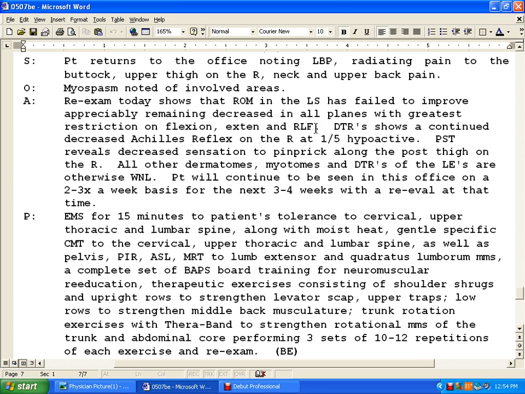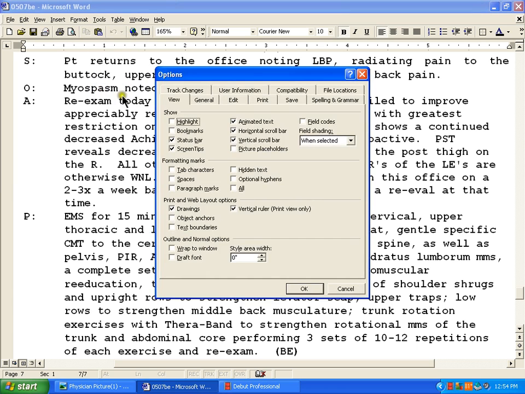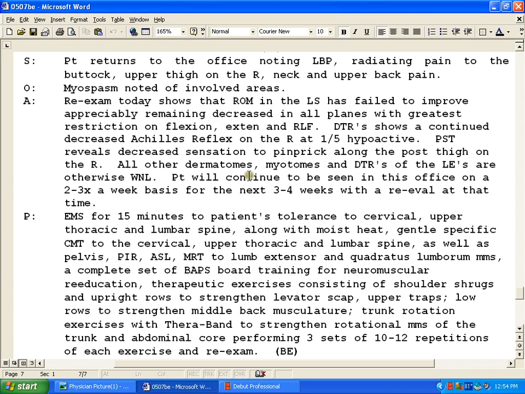Eileen, could you turn on the highlight tool so I can highlight what you're talking about as you talk? Okay. Yellow would be good. Okay. Tools, highlighter. There. Okay, let's highlight some of the things you were talking about, like the ROM, myospasm. Let's start here. Just the word myospasm. Okay.